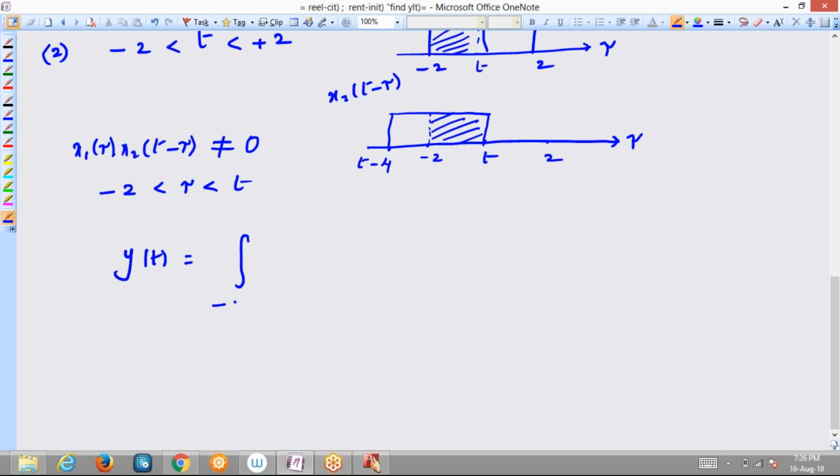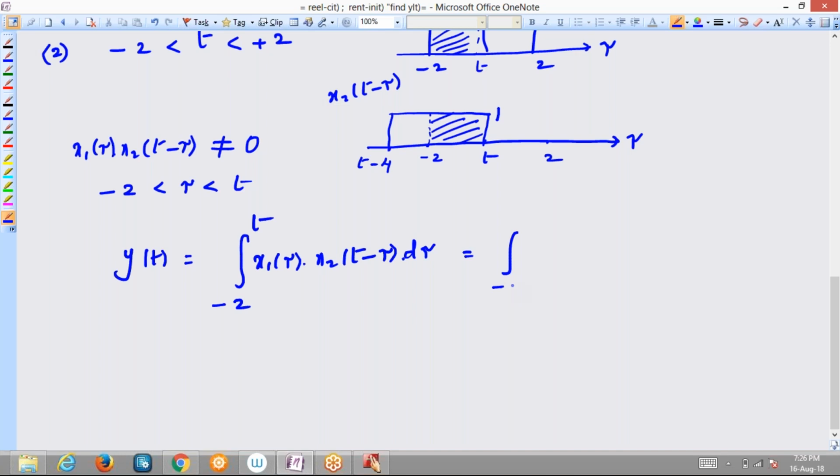Both functions have amplitude 1, so y of t is the integral of d tau, that is tau, with tau ranging from minus 2 to t. After substitution of the limits, y of t is t plus 2 whenever minus 2 is less than t less than 2.